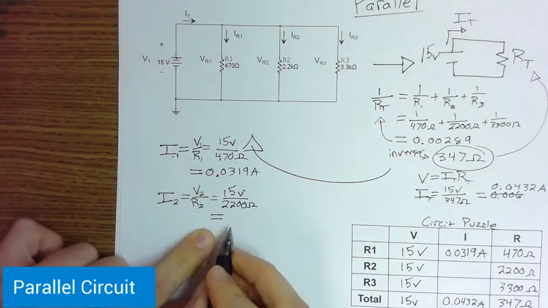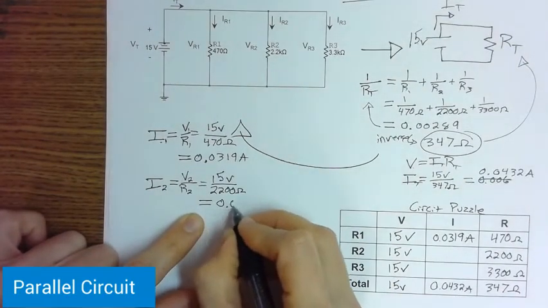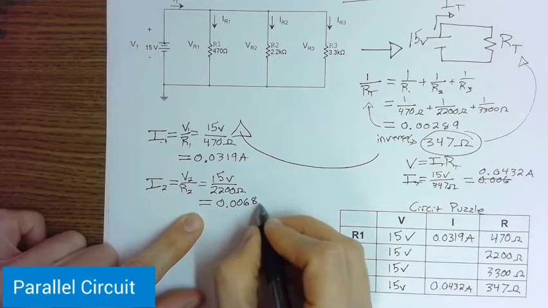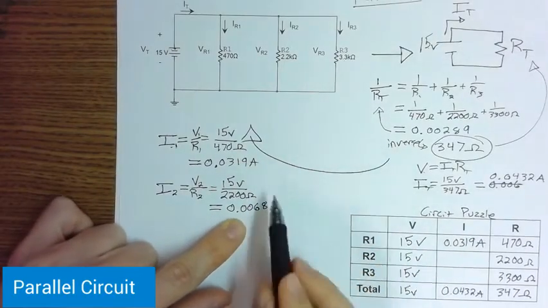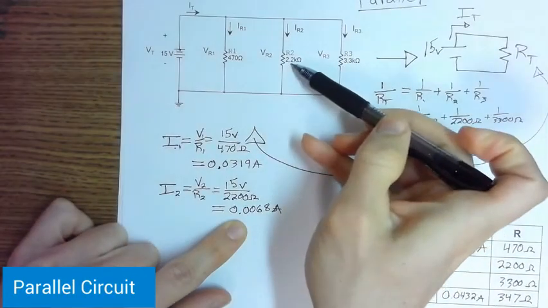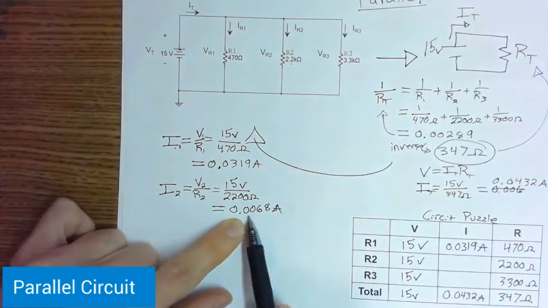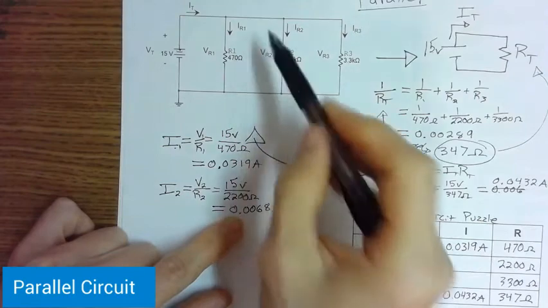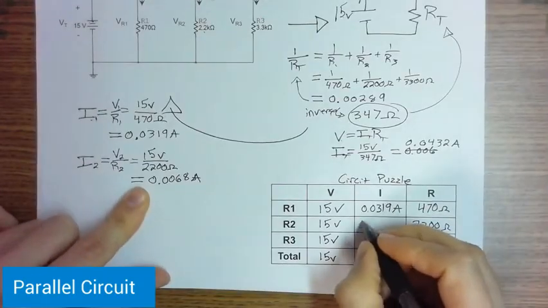The number that we come out with there, plug that into your calculator, you should get 0.0068 amps current. And double check that, compare the numbers. So we have more resistance, a lot more resistance in that branch, so a bigger traffic jam, so we have less current going through it, fewer cars, fewer electrons going through that branch. So let's go ahead and write that in our circuit puzzle.